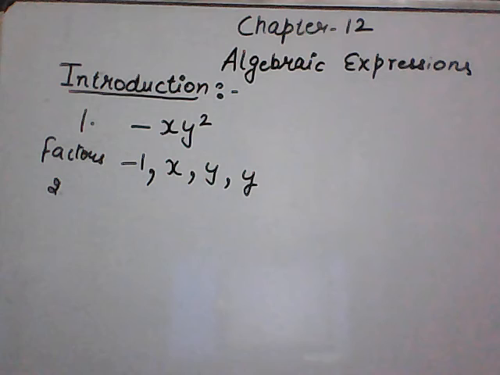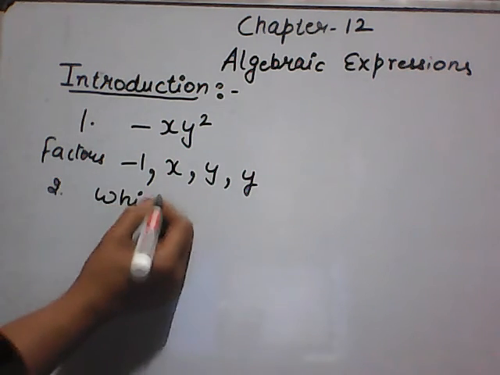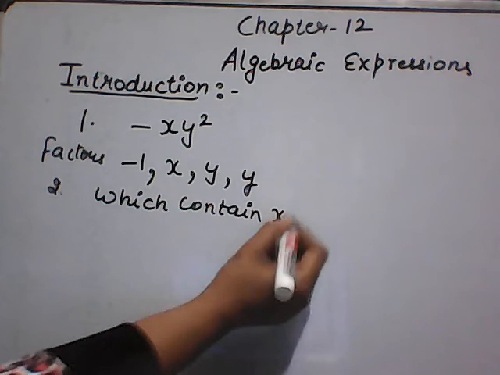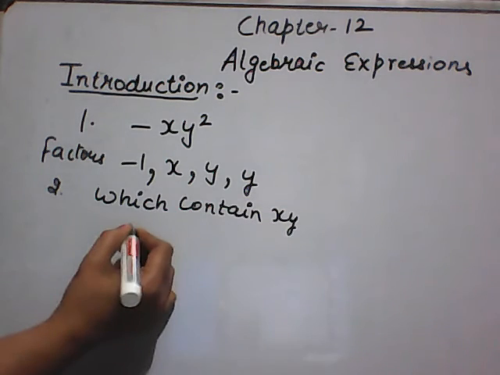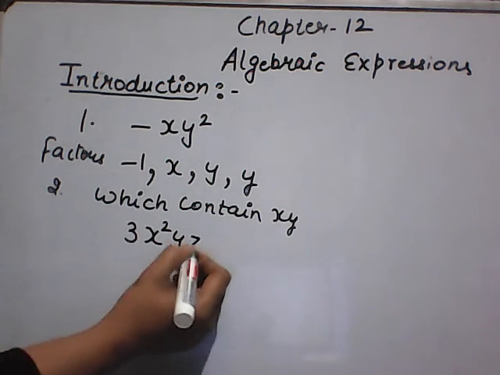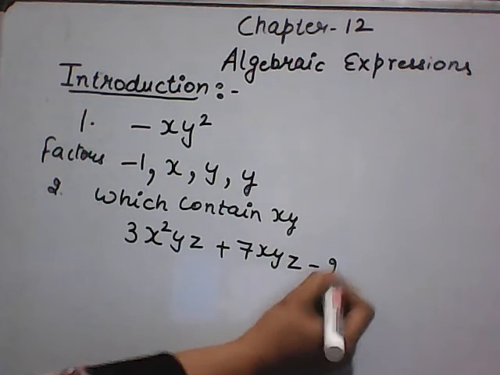In the next question, you have to find out the term which contains xy in the given expression, and the expression is given to you: 3x square yz plus 7xyz minus 2z square x.